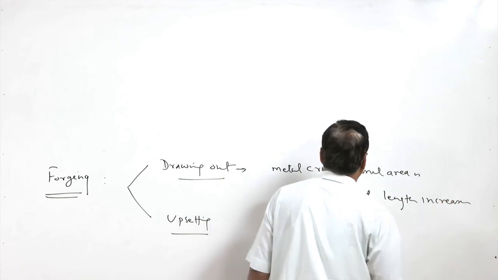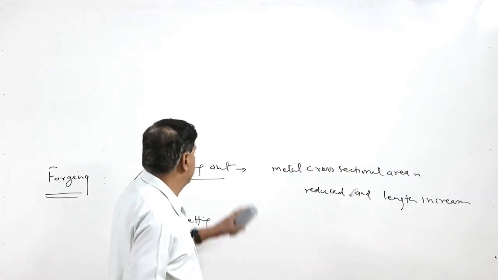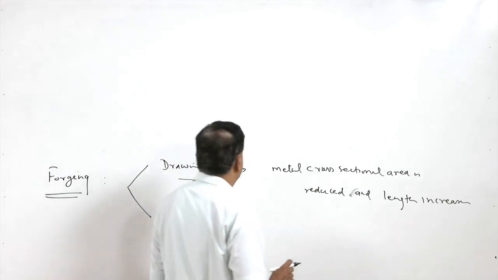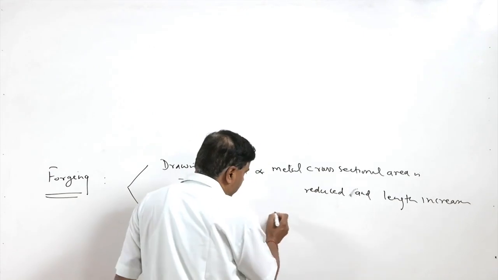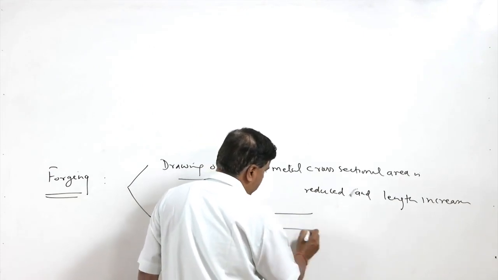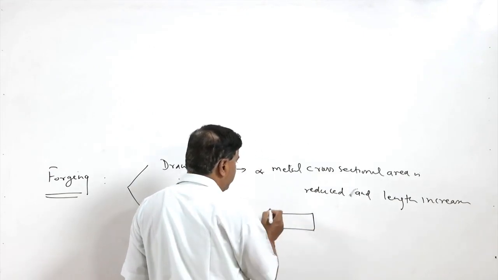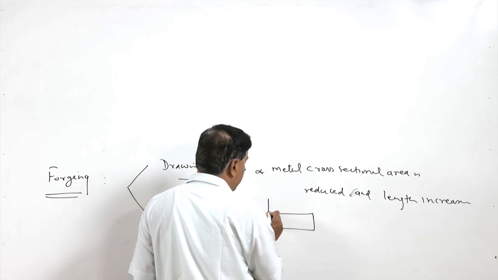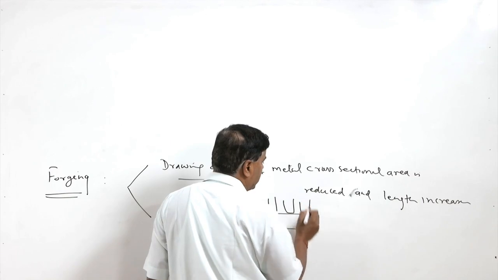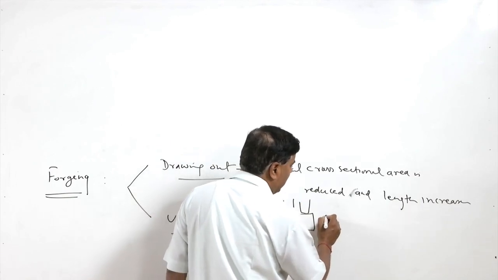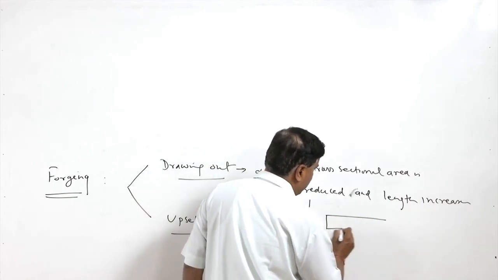So, basically the job elongates during the drawing process, and here the job is like this. If we apply hammers continuously like this, the section is reduced and the length is increased in this manner.